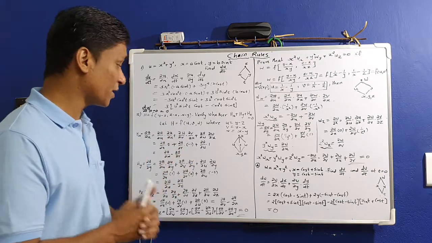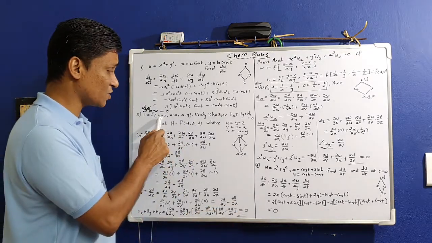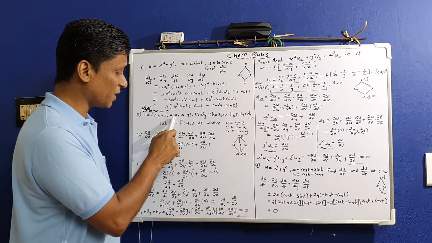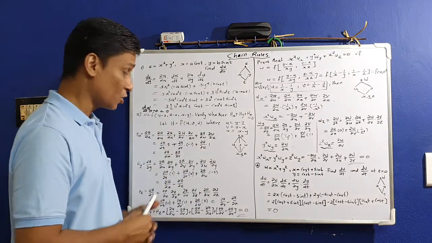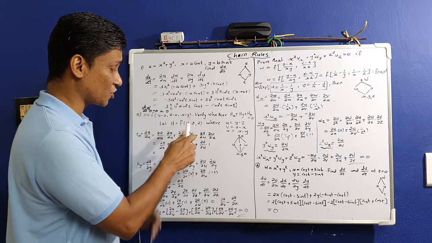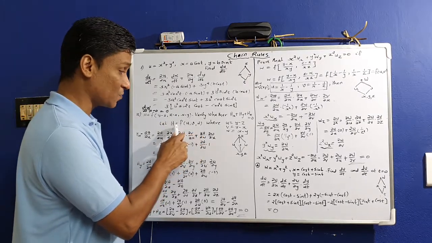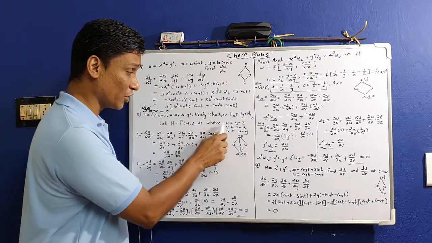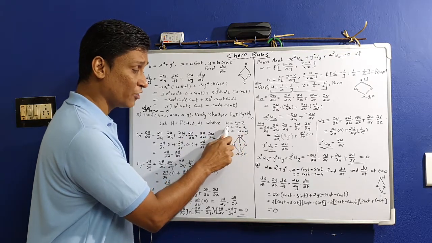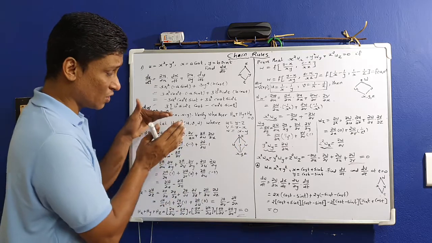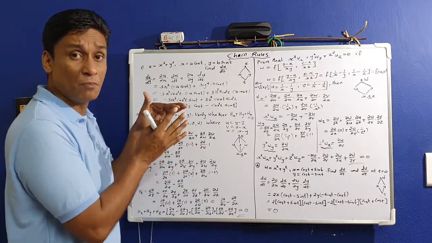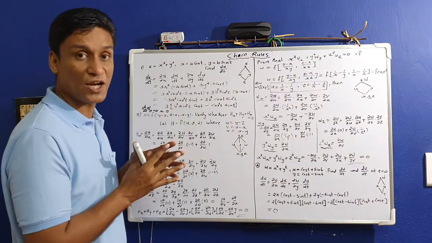So I am putting y minus z equal to u, z minus x equal to v, and x minus y equal to w. So h becomes a function of u, v, w, where u equal to y minus z, v equal to z minus x, and w equal to x minus y. In this way, it will become more convenient to apply the chain rule.